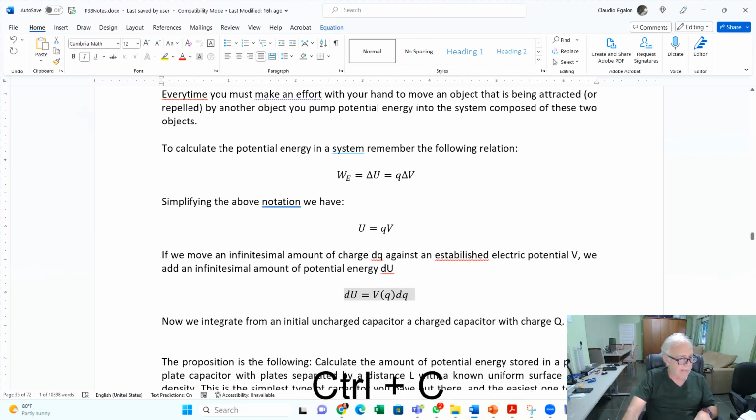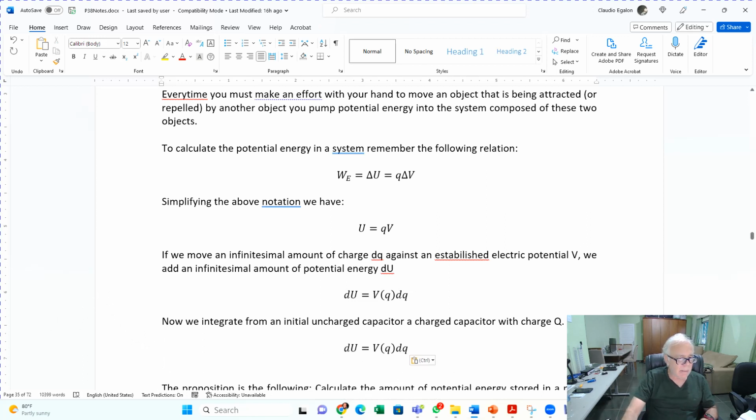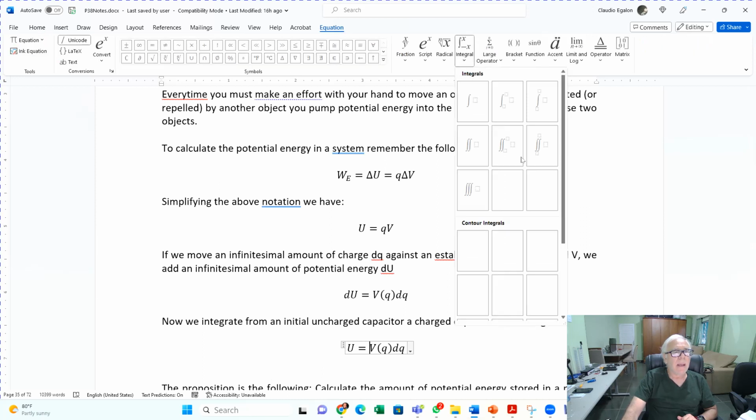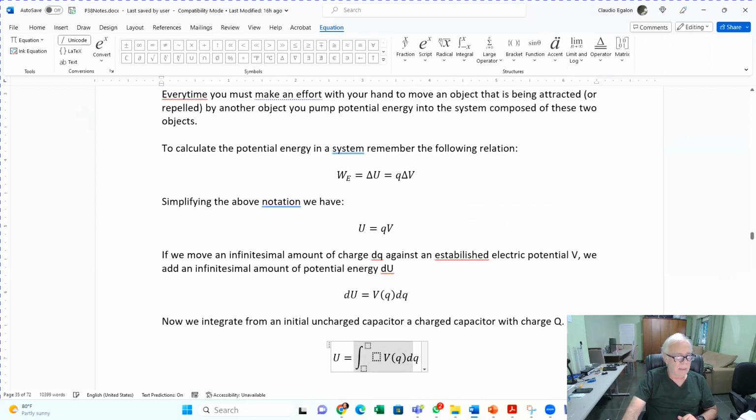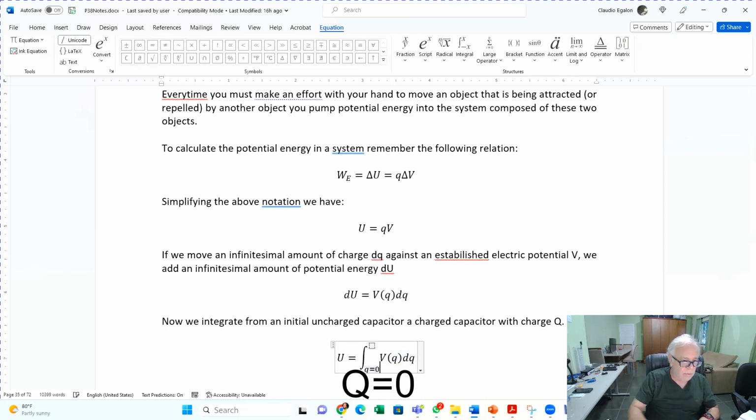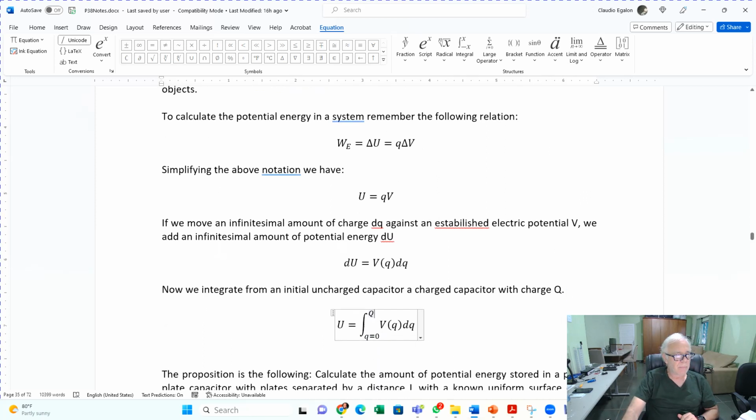Just apply the integral sign here. Everything is going to be inside this integrand, the V dQ. The charge is going to go from 0 to a big charge Q, which is going to be the final charge in your capacitor.